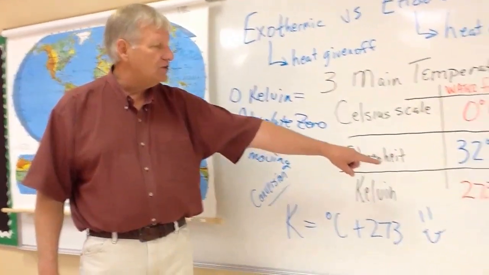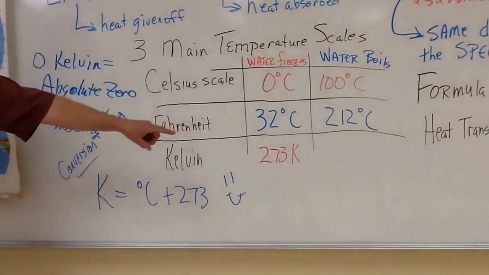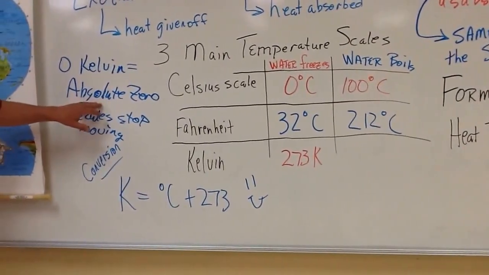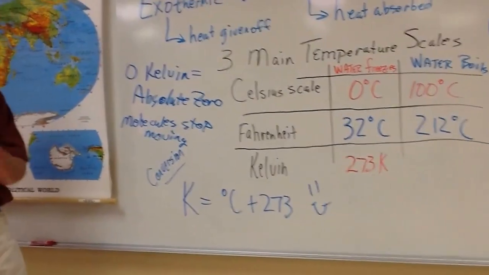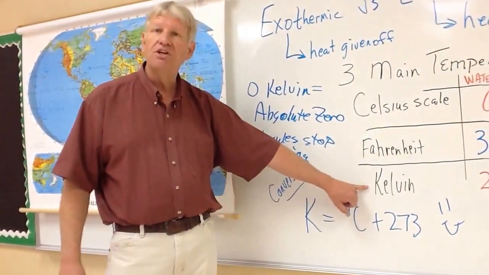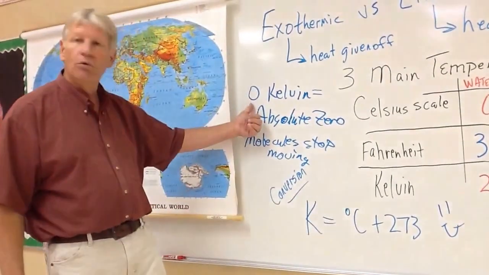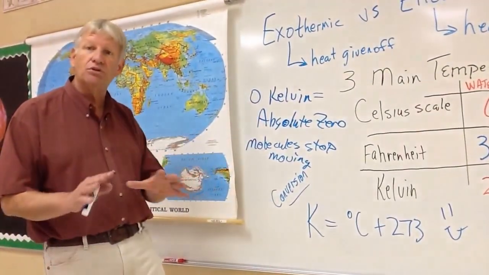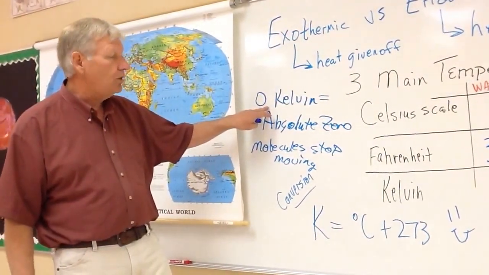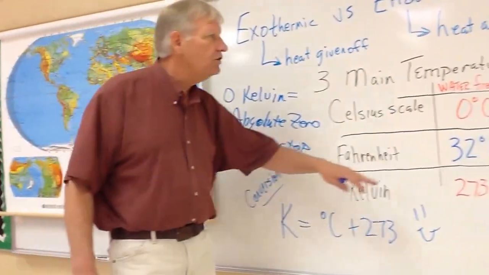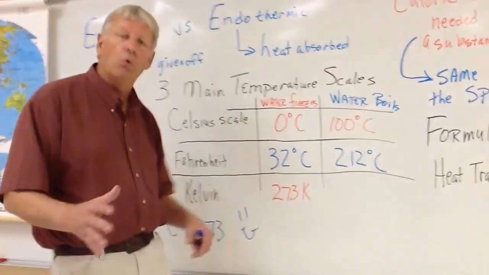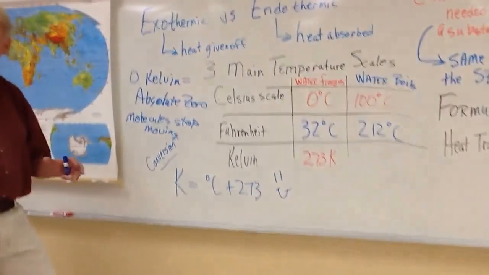Water freezes at 273 K. If I say to you later on in the class that something is 10 K, then you're like, oh my gosh, that means the molecules have almost stopped moving. That's significant. So you will see a lot of things measured in Kelvin, but it's so hard to measure that we don't even use the degrees. Sometimes you will see people put a degree on there, but chemists don't generally put degrees because it's so hard to measure. We don't even know water boils. That's not even significant for the Kelvin scale, because we're more concerned with absolute 0, the point at which the molecules stop.